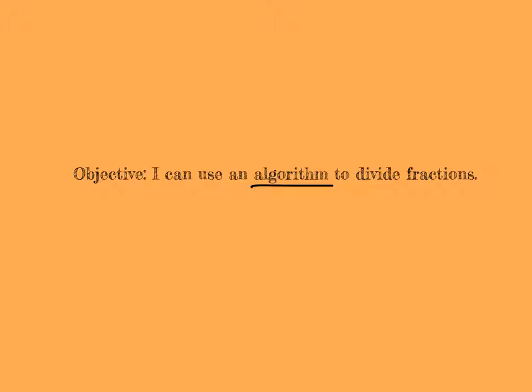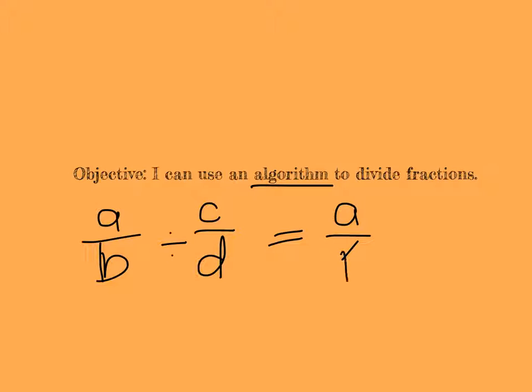So just to write out a general pattern for us, so that we can see what this algorithm will look like. If we have a over b, and we're using variables here, divided by c over d, our algorithm is going to look like this. A over b, our first fraction, will stay the same.